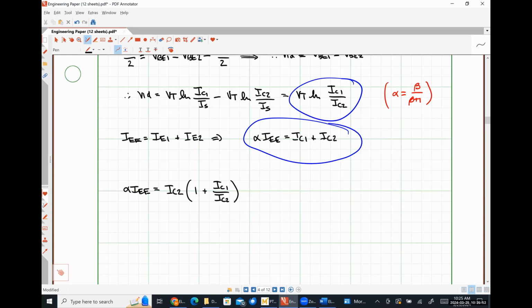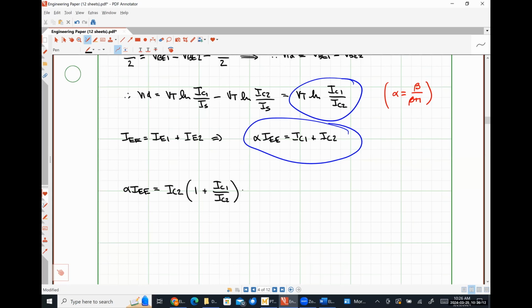Are you okay with that? I've just factored out an IC2 from that expression. Well, now that I have an IC1 over IC2, I can manipulate that top relationship that I circled in blue.